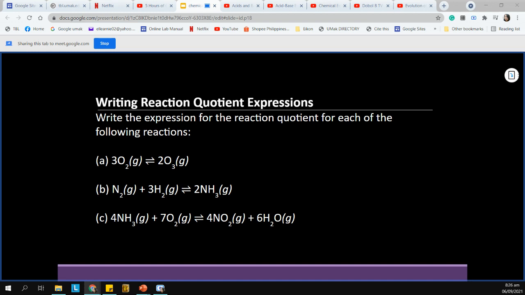Okay, sino yung nasa taas? Si O2 o si O3? O3 po, yung sa taas. Okay, so raised to the 2, and then sa baba is O2 raised to the 3. Okay, so ito yung itsura niya. Thank you, Marielle.